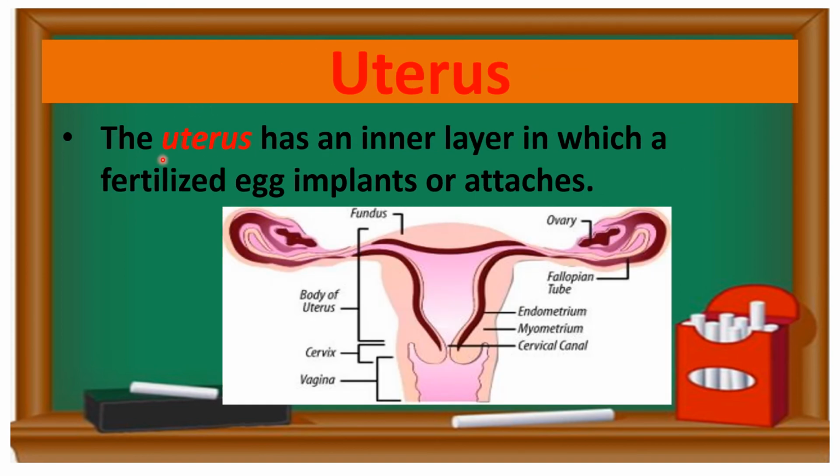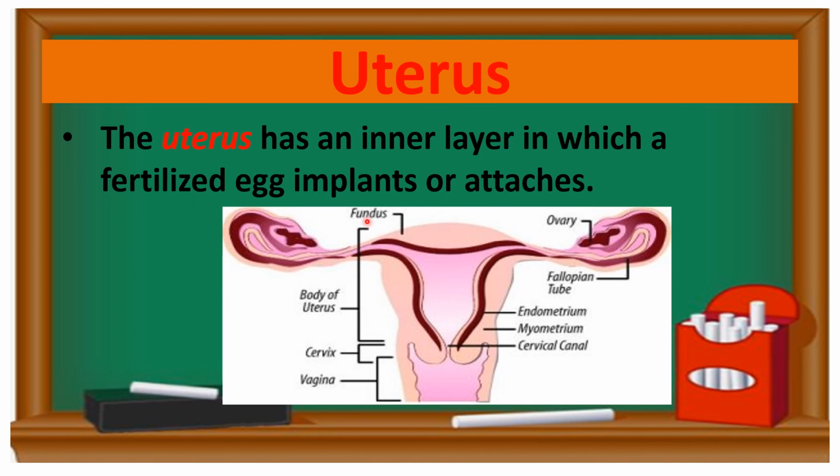So the next part of your female reproductive system is your uterus. Your uterus has an inner layer in which a fertilized egg implants or attaches. So this is the uterus.